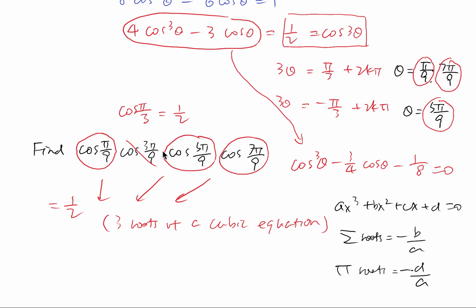Cos pi over 9, 5 pi over 9, and 7 pi over 9 are the three roots of the cubic equation, so the product of those three equals the negation of the constant term, minus minus 1 over 8, which is 1 over 8. So a half multiplied by 1 over 8 is 1 over 16.